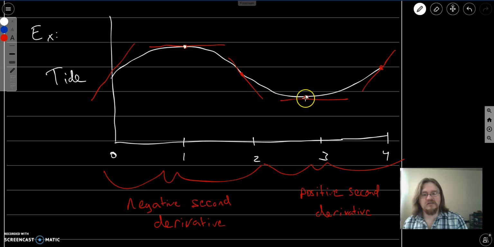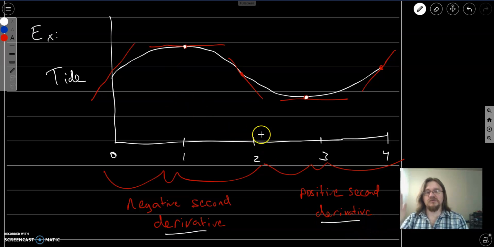Down here, we know that we have achieved a minimum because our derivative was negative, so we're going down. We've hit rock bottom. We've hit the exact bottom when our derivative is 0, and then after that, the derivative has started to go up again. This is something that we'll look more at in the future as well, but you can tell where a minimum and maximum are just by looking at the derivatives. And in particular, if you know the second derivatives, we can tell the difference between a maximum and a minimum.